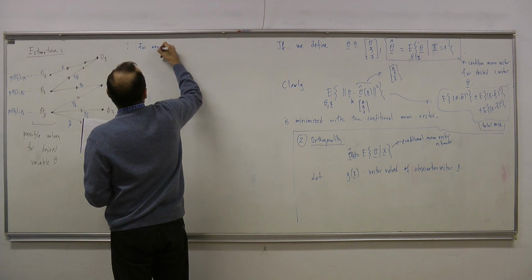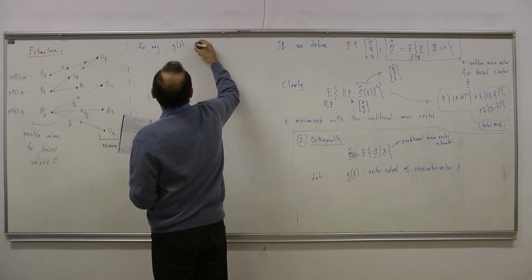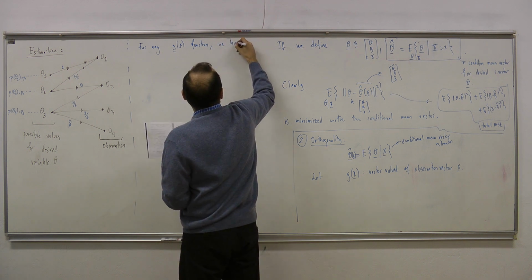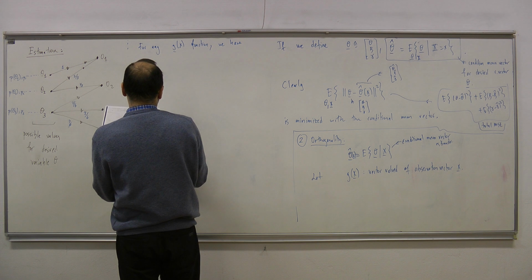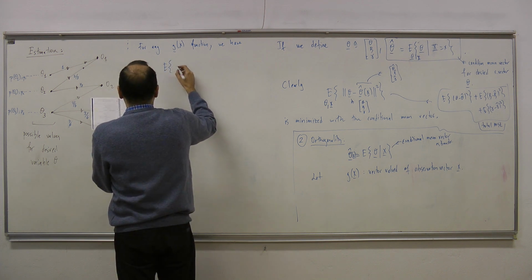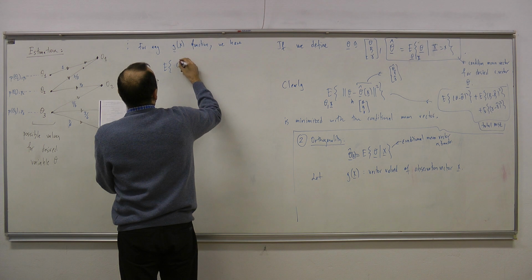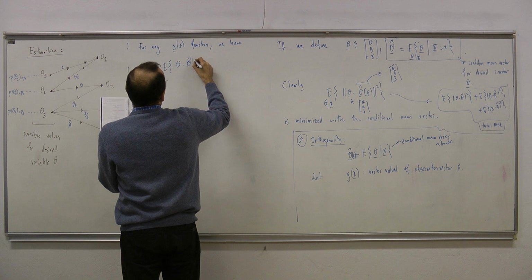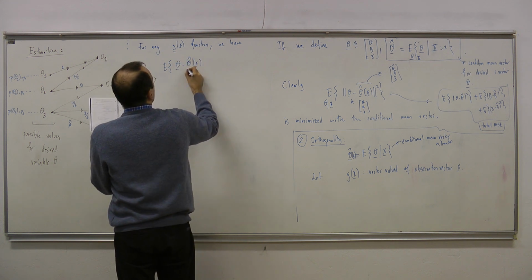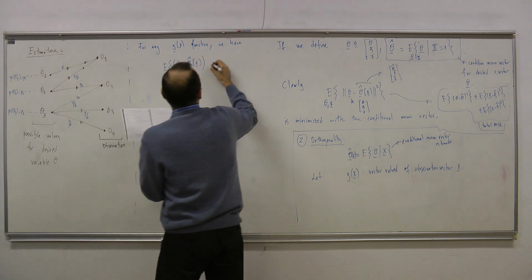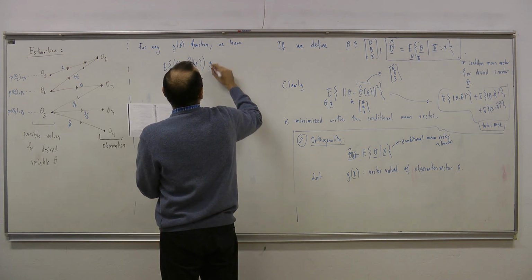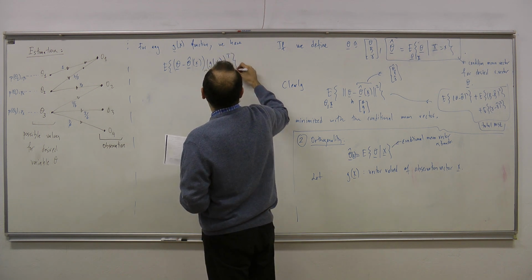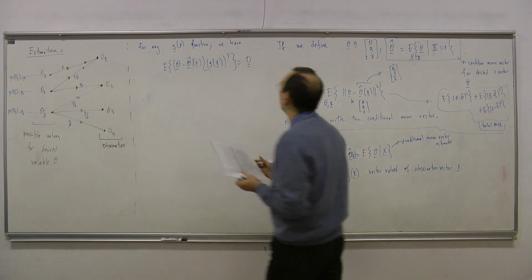For any g(x) function, we have the expected value of (theta minus theta hat)(x) times the vector g of x transpose is equal to the 0 matrix.